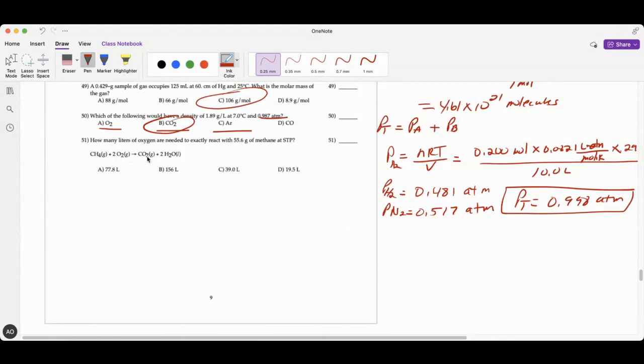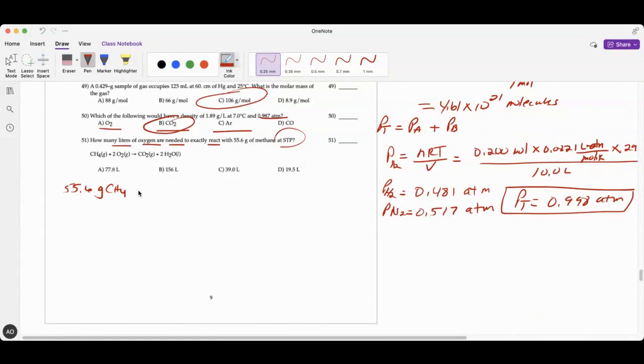How many liters of oxygen are needed to react with 55.6 grams of methane at standard temperature and pressure? This is similar to the first one we did.